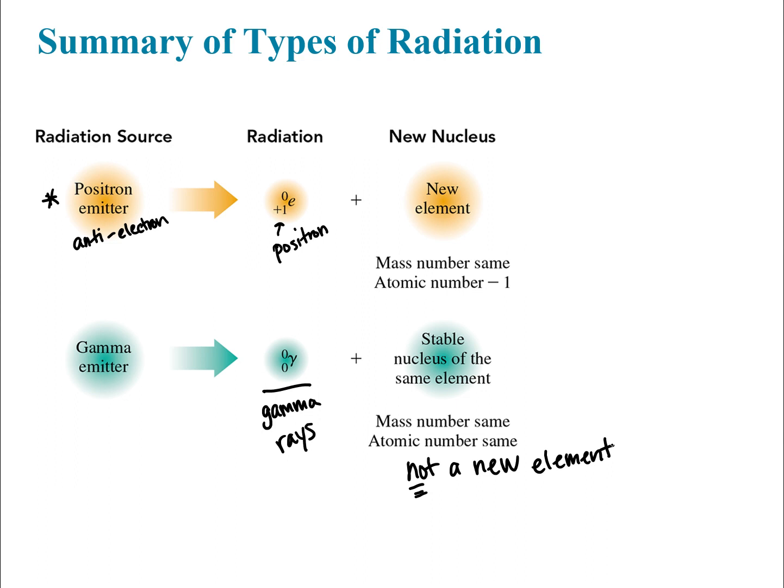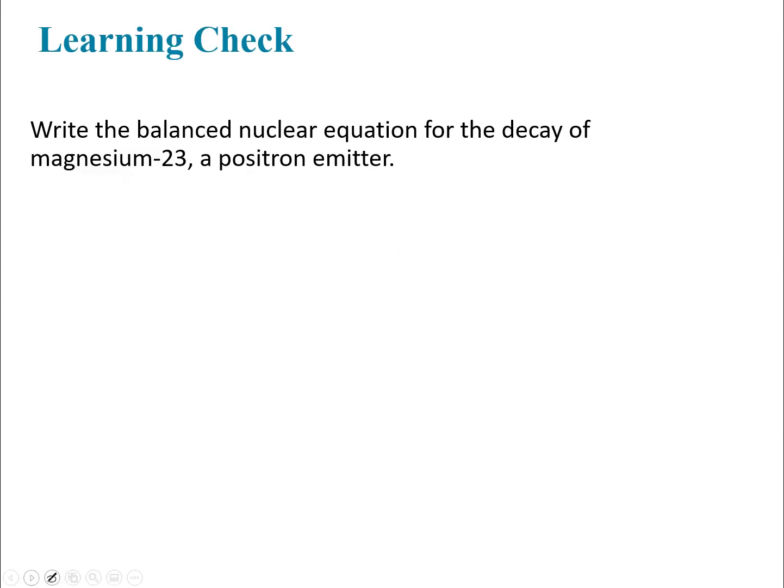So now I'm going to go ahead and show you an example of a positron emitter. We've got magnesium 23. It's a positron emitter, and we've got to write a balanced nuclear equation for its decay.